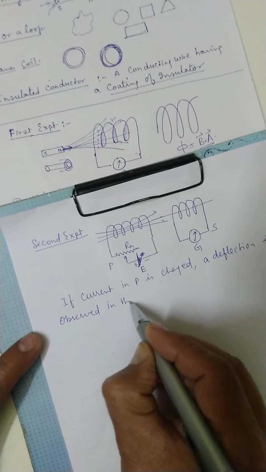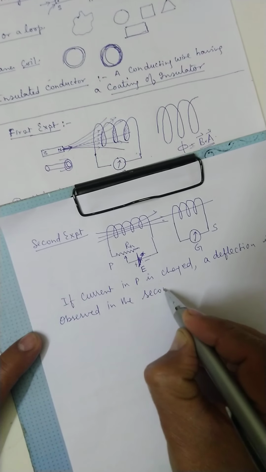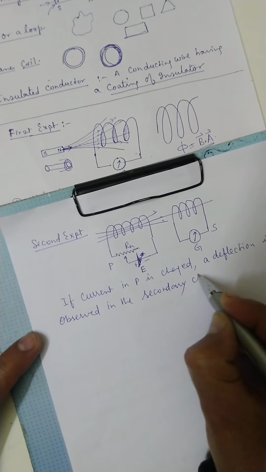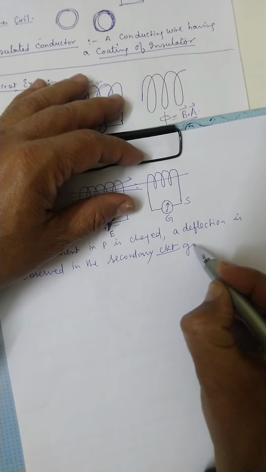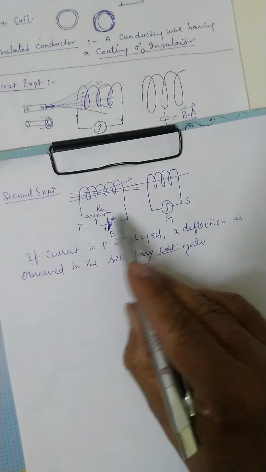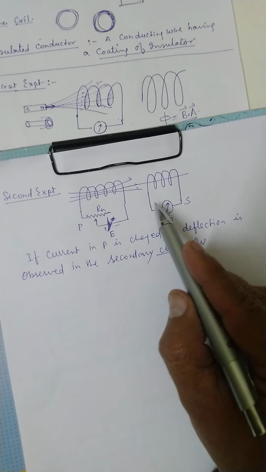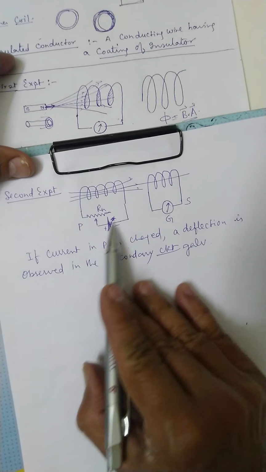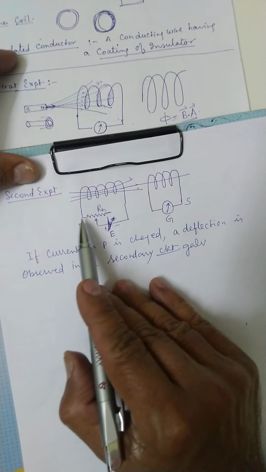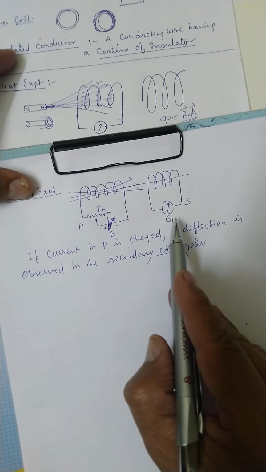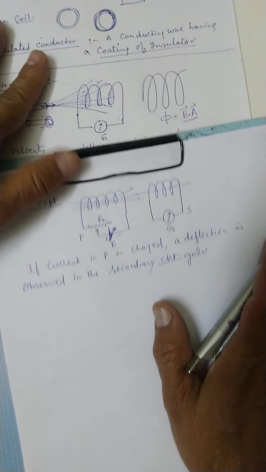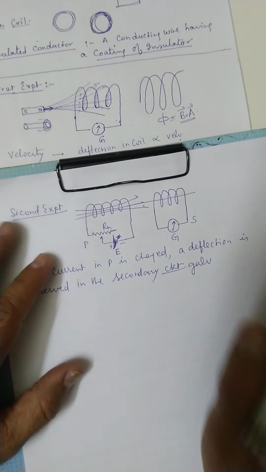In the secondary circuit galvanometer. This is the second experiment of Michael Faraday, that if the current in the primary circuit or primary coil is changed, then there is a corresponding deflection in the galvanometer. Now you can easily correlate the two experiments.